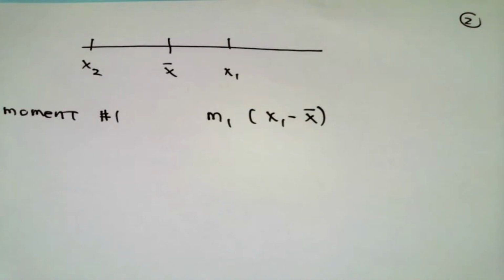In this case, it'll be a positive number because x1 is bigger than x bar. Because x1 is to the right of x bar, the contribution to the torque is going to try to make the beam turn in a clockwise direction.